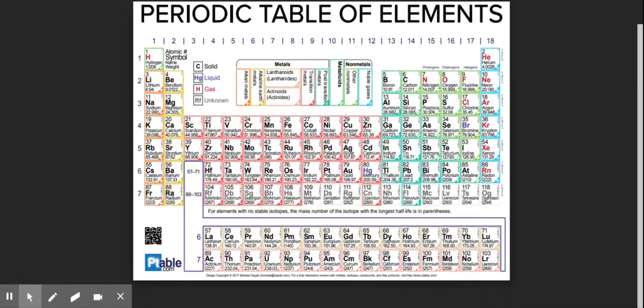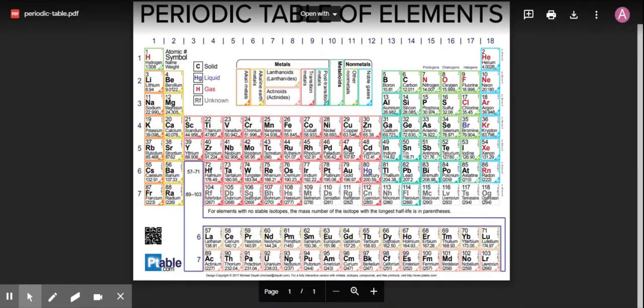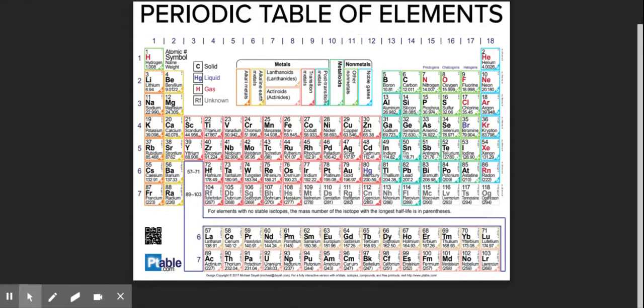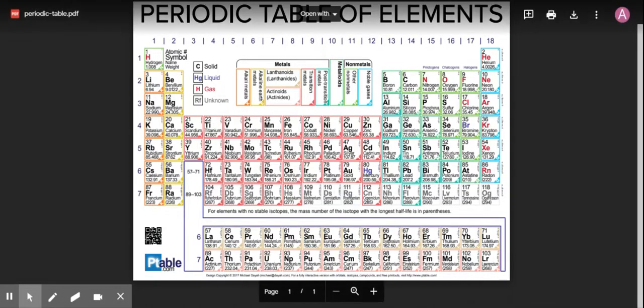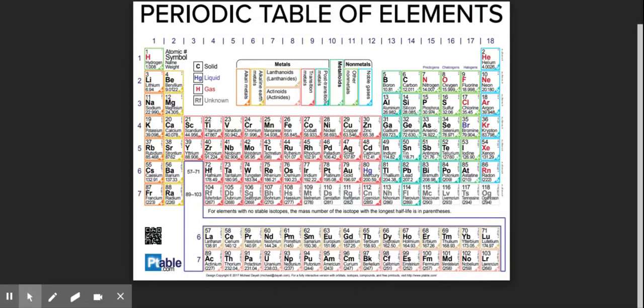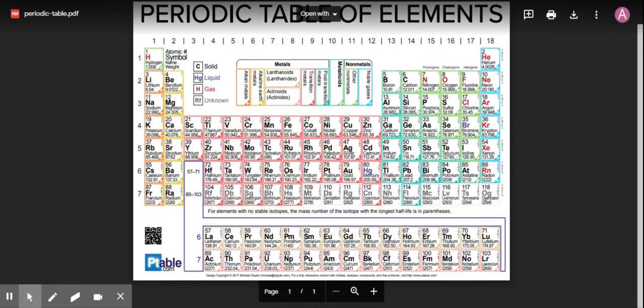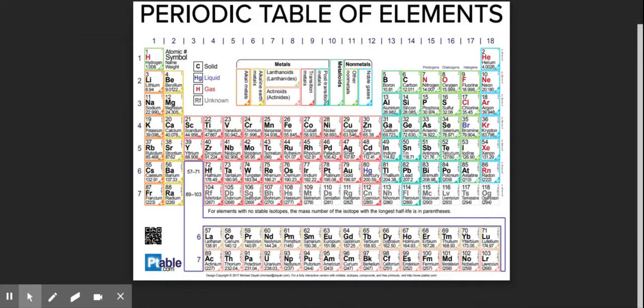All right, I'm going to pause here because I hope you get the idea of it. That's just how to read the periodic table. If you were in class, exactly how I would practice it with you: okay, class, find the element with the atomic number 18, and you would look for the little box of the element.